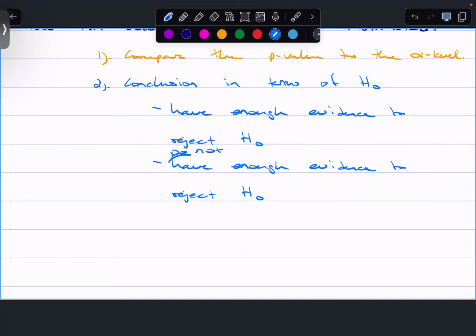Those are your only two options, right? And how do you get there? If the p-value is less than 0.05, you have enough evidence to reject H naught, and if the p-value is greater than 0.05, then you do not have enough evidence to reject H naught.